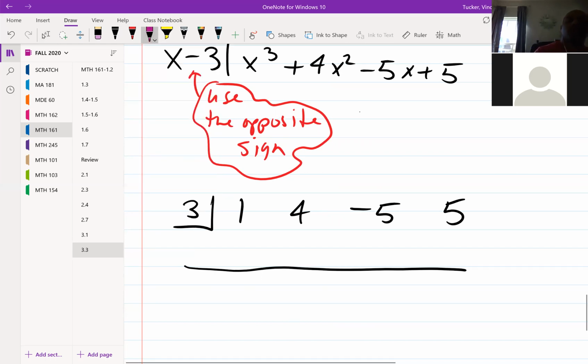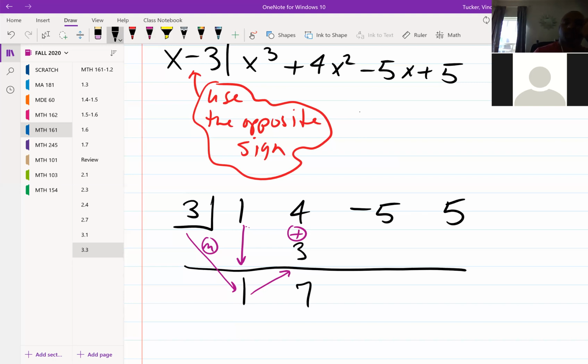All right. So we drop down this 1. And we're going to multiply 3 times 1. Put it right here, which is 3. And we're going to add these numbers together, and that'll be 7. And we're going to keep that same pattern.